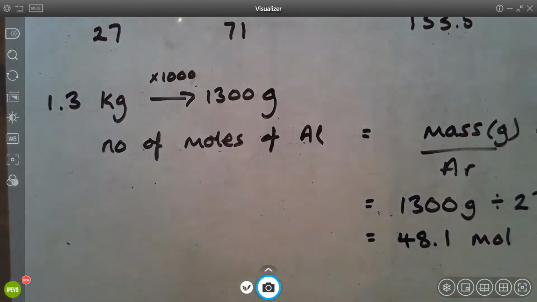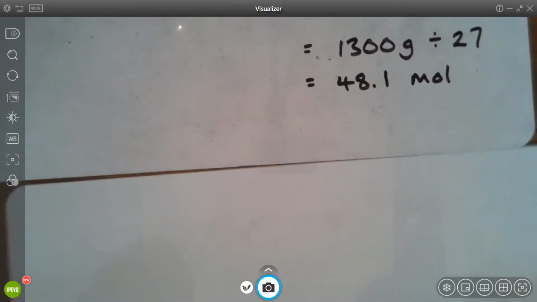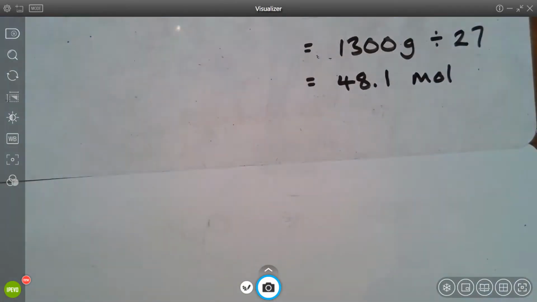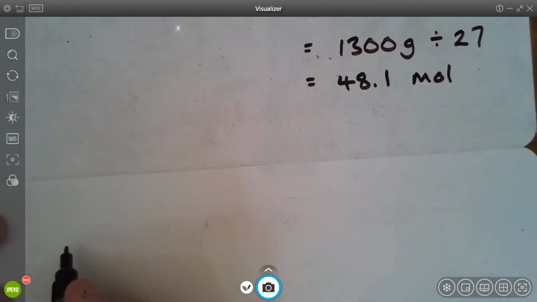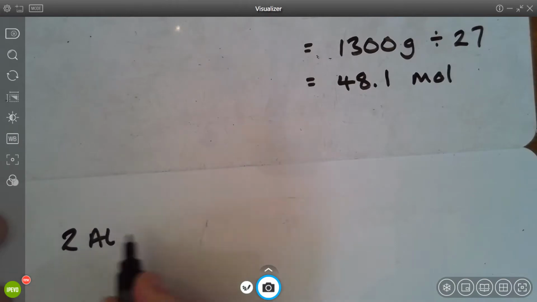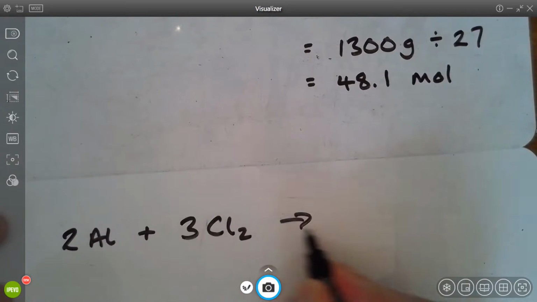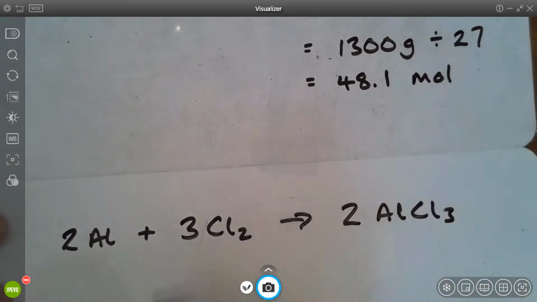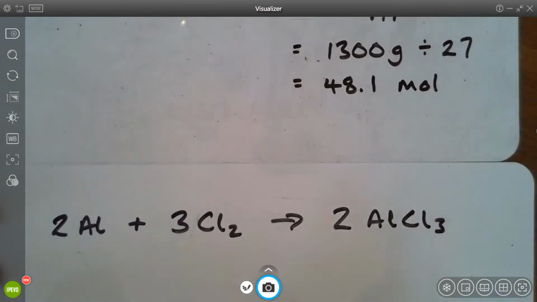Just going to move on to another board. We look back at our equation, we remind ourselves that the ratio is for aluminium to aluminium chloride, 2 to 2. So here is our balanced chemical equation. We're not interested in the chlorine, not for this, but the ratio is aluminium to aluminium chloride.